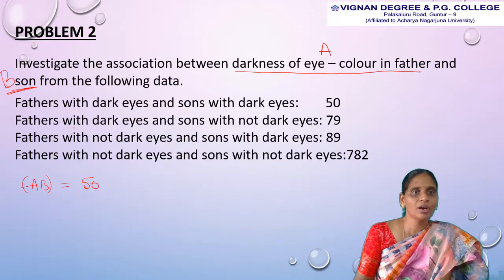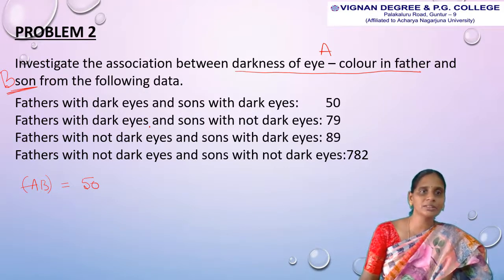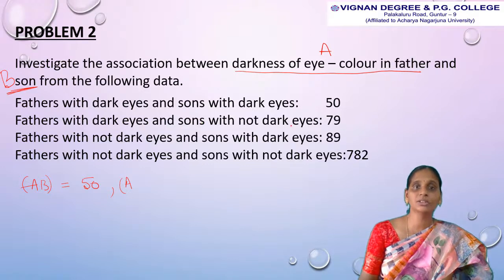Fathers with dark eyes and sons with not dark eyes: fathers with dark eyes is A, sons with not dark eyes is represented by the letter beta. So frequency of A beta is 79.